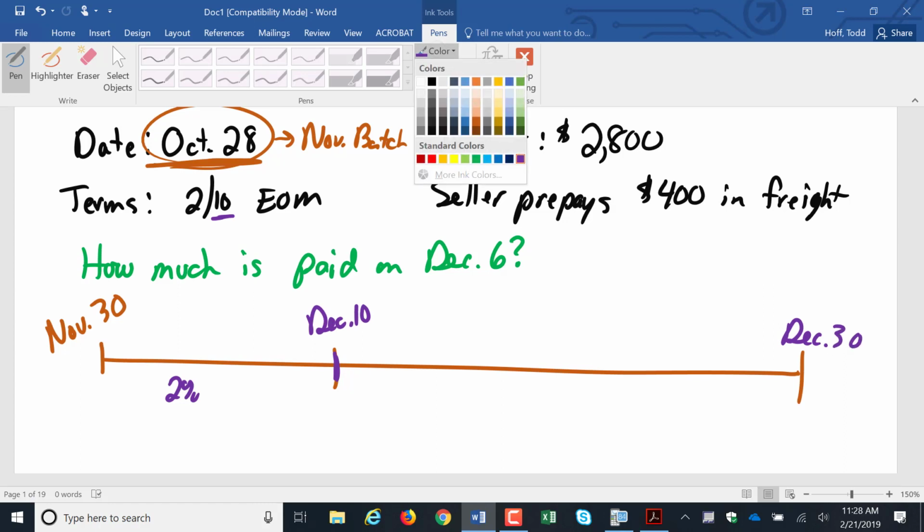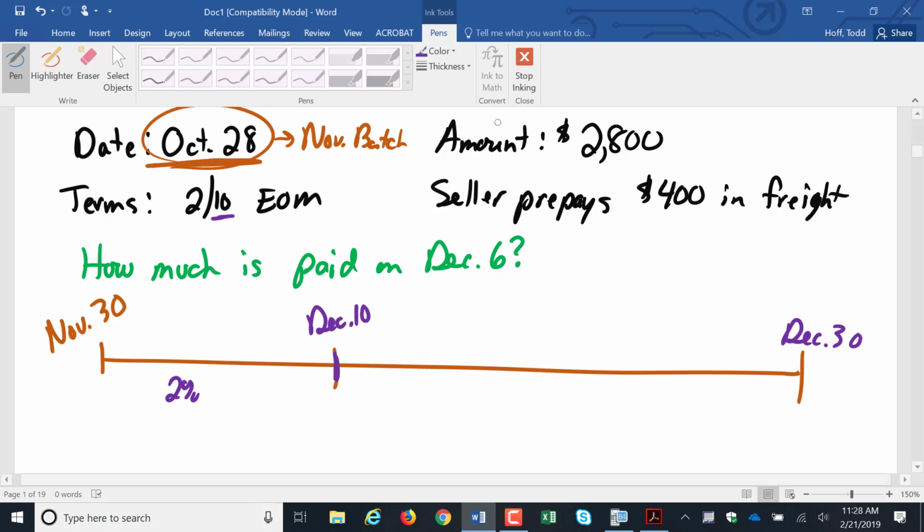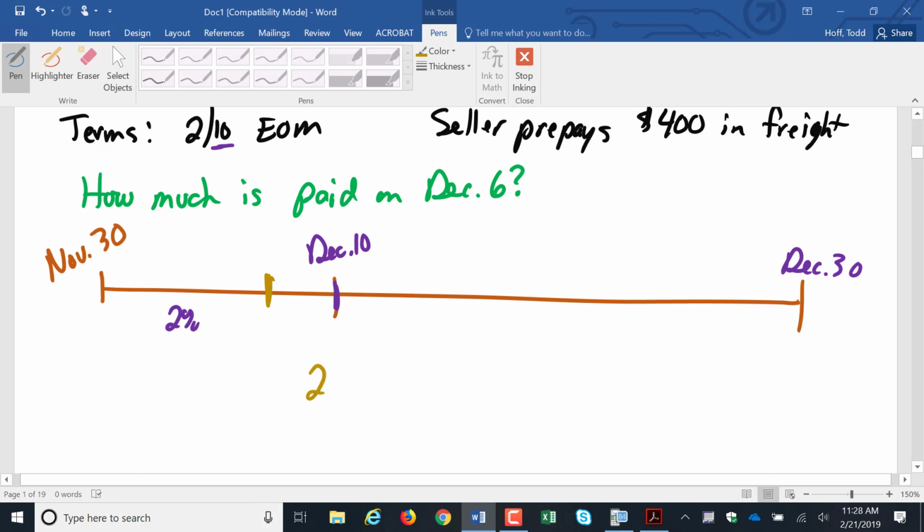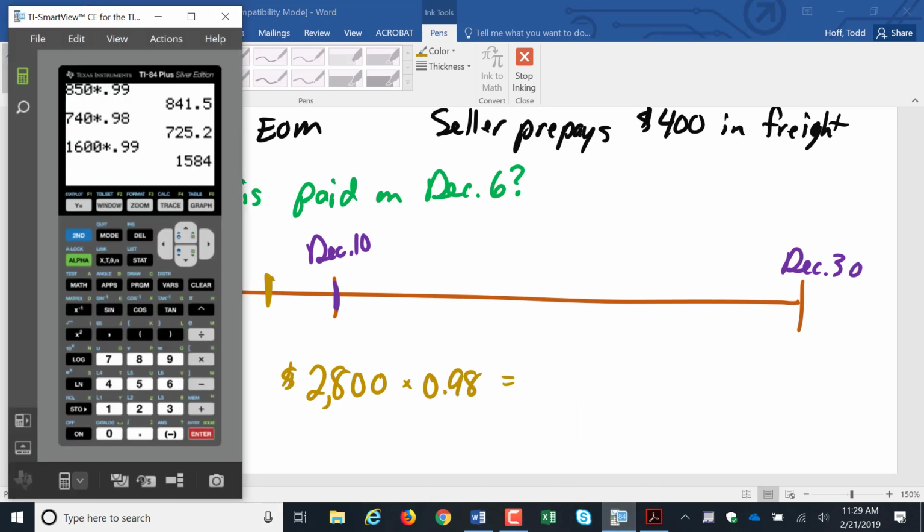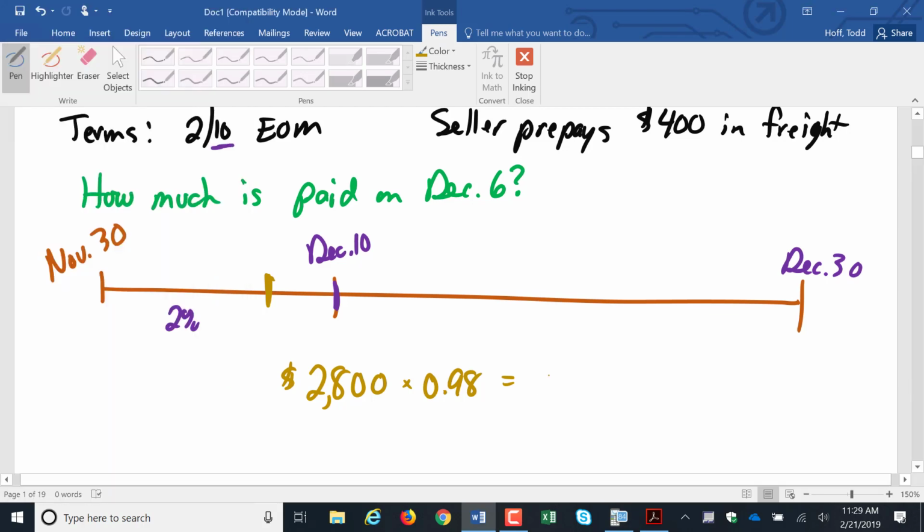So December 6th is well within that discount period. 2% discount, so we're going to take the $2,800. The complement of 2% is 98%, so times 0.98. Give us what, $2,744.